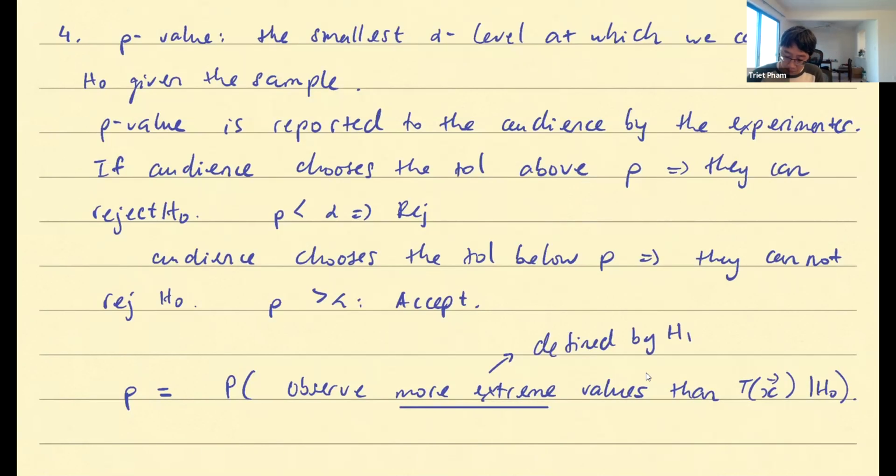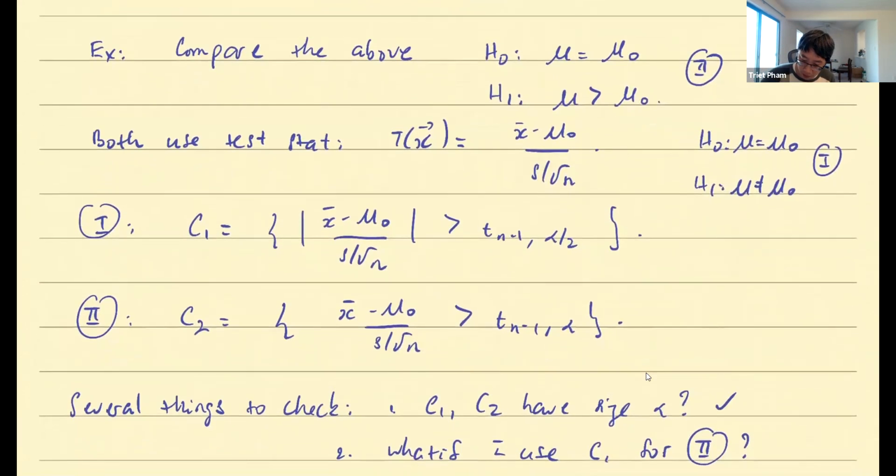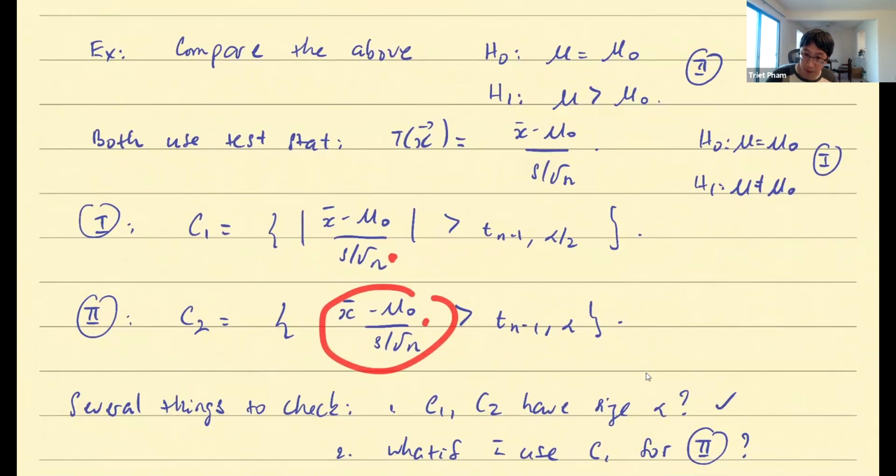So for example, in test one, this is your test stat. In test one, more extreme means you can observe a test stat bigger than this, or smaller than the negative value of this.